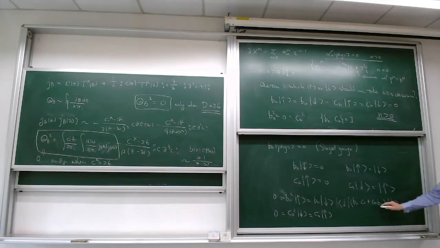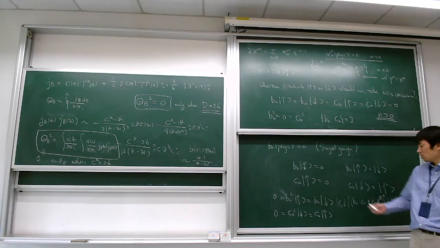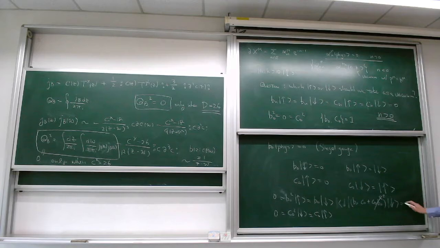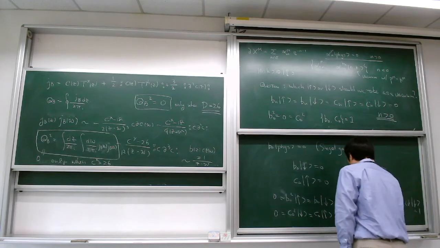So this one you can ignore because b0 acts on the down spin and gives 0. So at the end of the day, you get this is equal to 1. This consistency condition is okay. And you can do the same exercise for up spin.